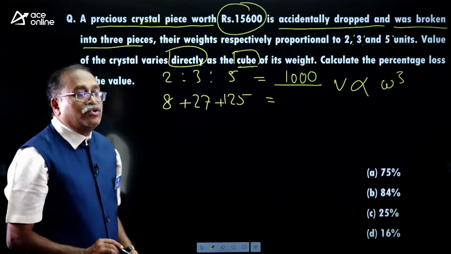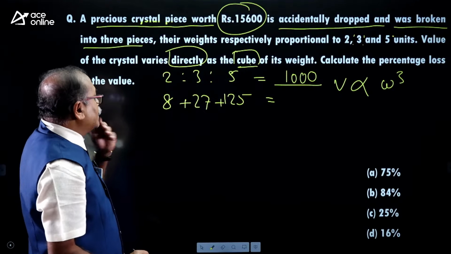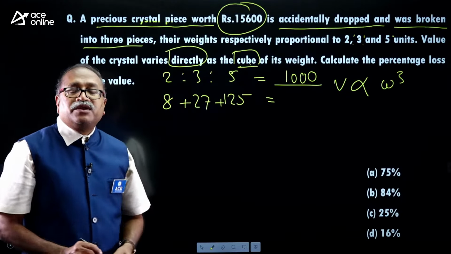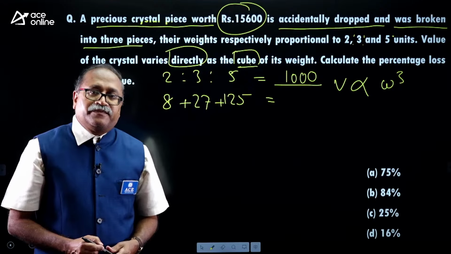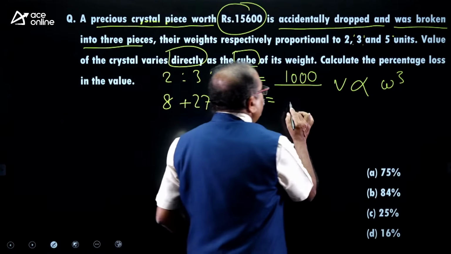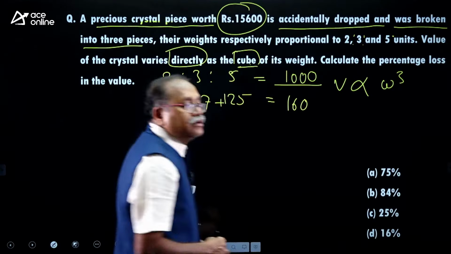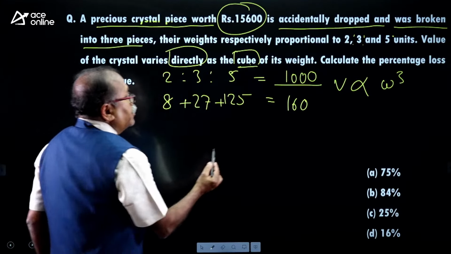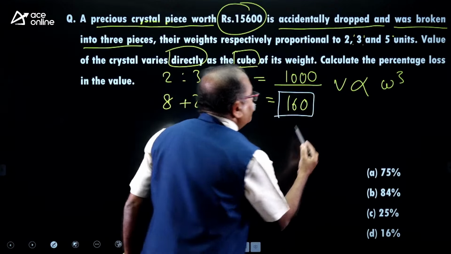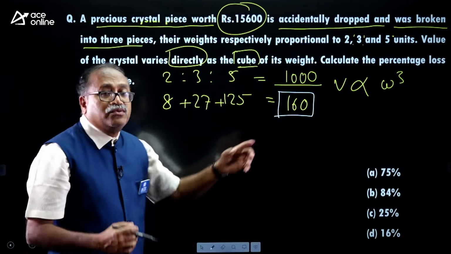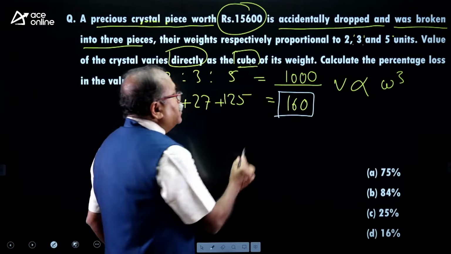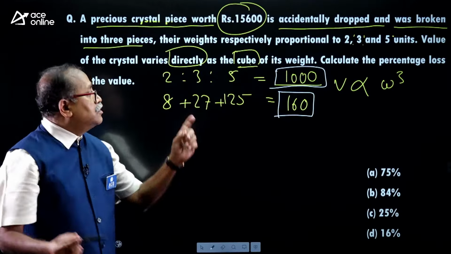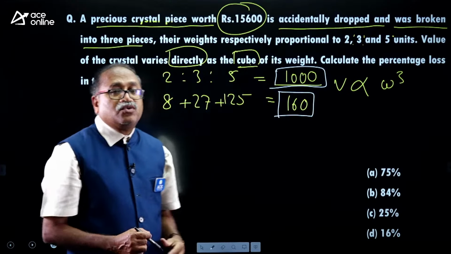So 8 plus 27 is 35, and 35 plus 125 is 160. So here I got 160. This is the value after breaking, and this is the value before the stone broke. I added all the numbers, taking the cube.